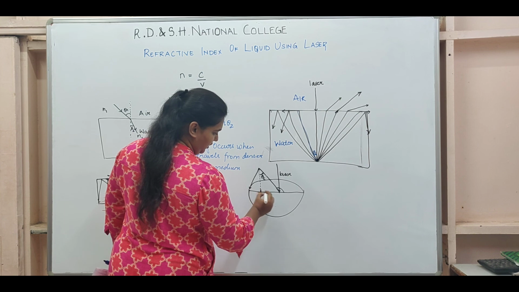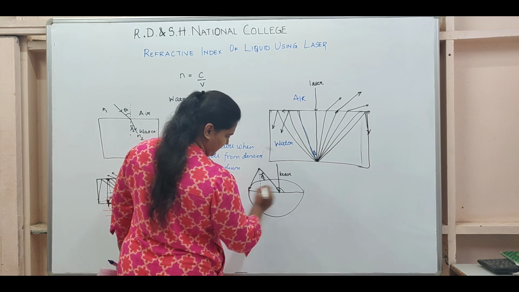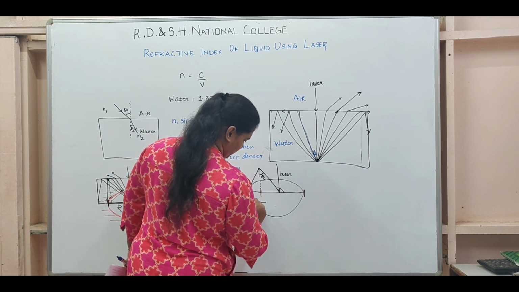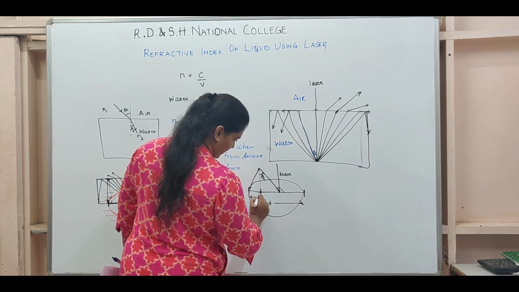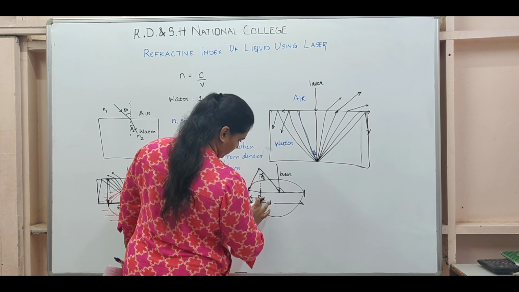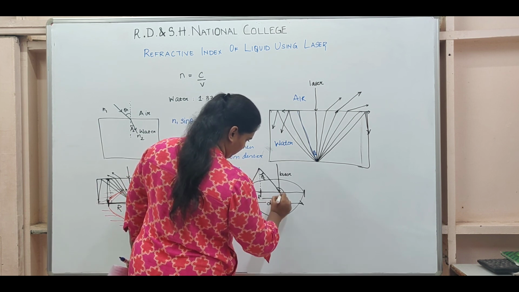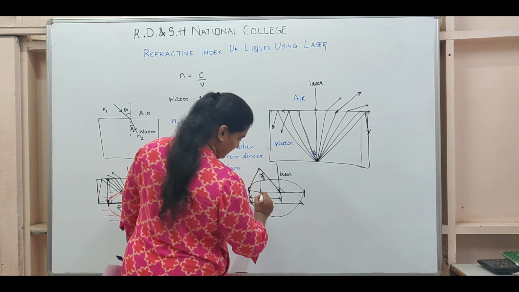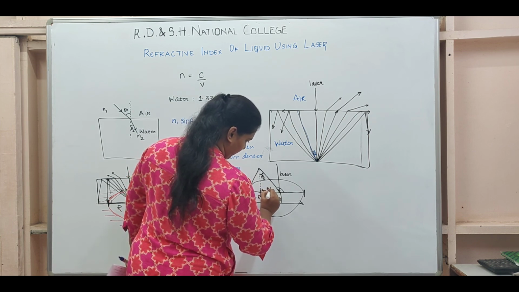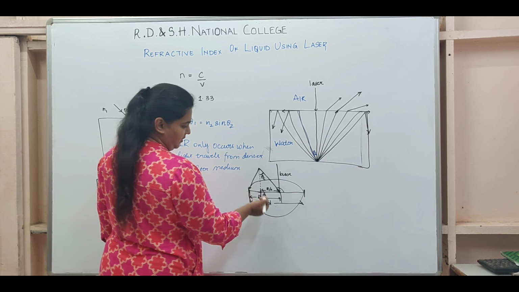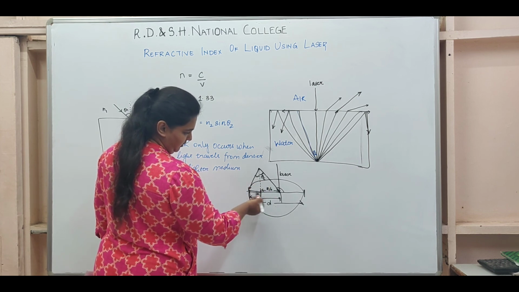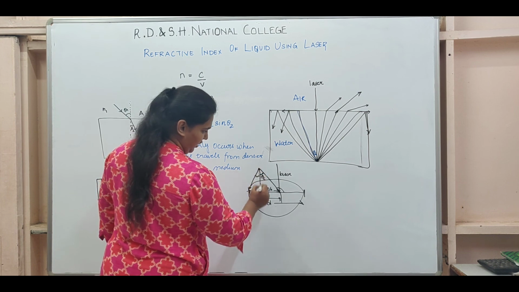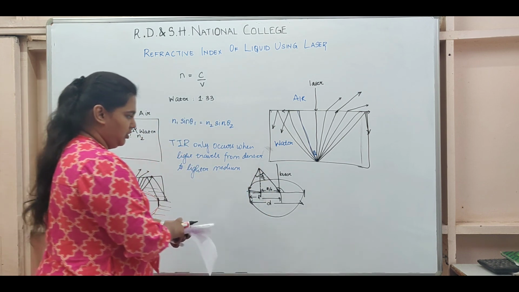This complete distance is D. This distance is R from here to here, but this distance will be R by 2, because you are also taking into consideration this part, and I am only talking of this smaller triangle here.